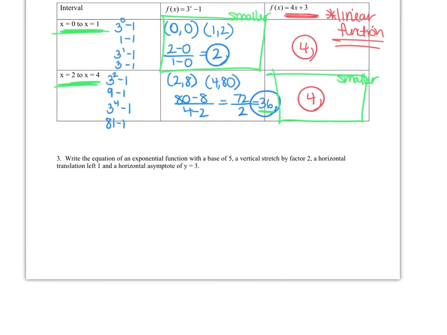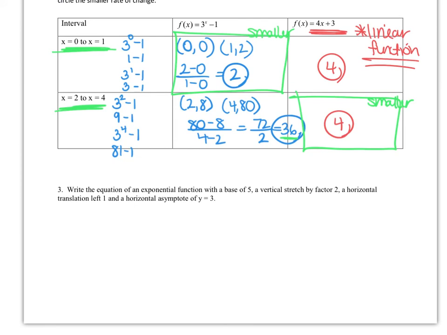And then question 3, write the equation of an exponential with a base of 5. So right away, it must be an equation. You must have y equals, or f of x equals, and the base is 5, okay? A vertical stretch by a factor of 2, so that's going to be in front.